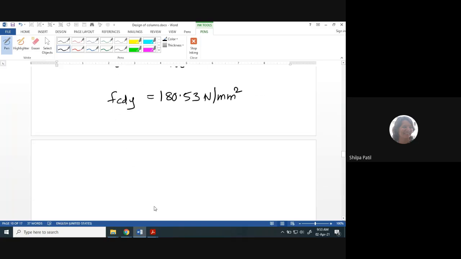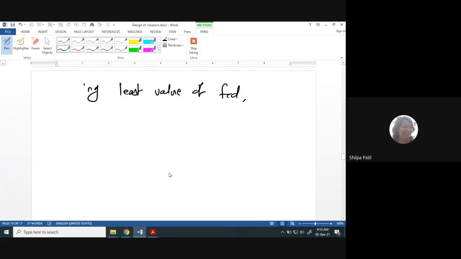So just write down, using the least value of FCD, we can calculate PD. PD is equal to area. It was, I think, 5,000, right? 5,000 mm square into FCD.